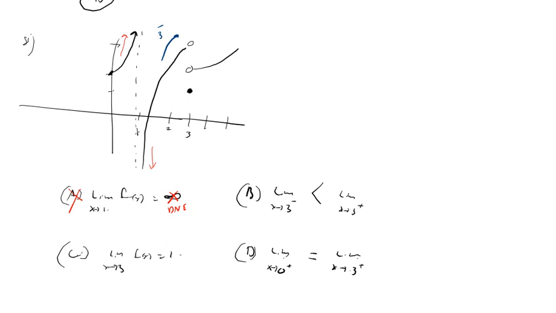And approaching 3 from the right side, this is the positive side of 3. The left side is the negative side, lower than 3, and the right side is coming down from the positives.